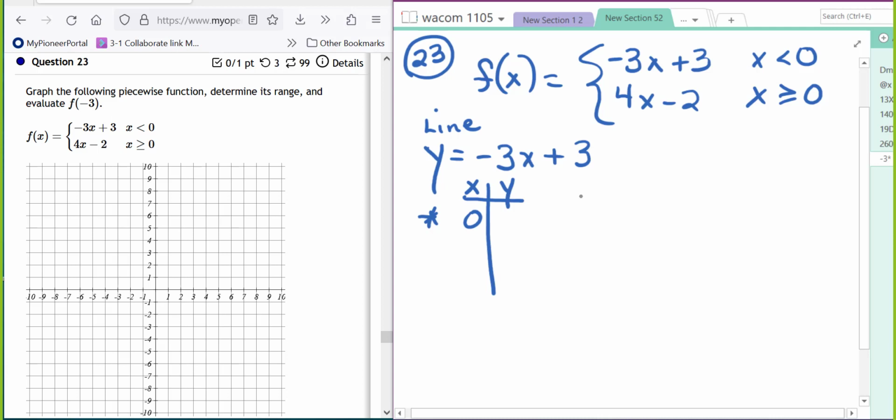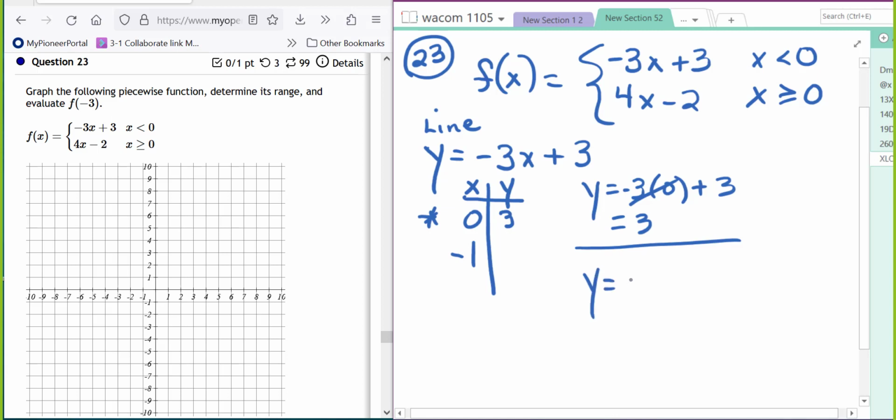So we plug in 0. So we have y equals negative 3 times 0 plus 3. This is 0, so y equals 3. Right? And then we'll take another value. Our other value has to meet this condition. So x has to be less than 0. So let's just pick a negative 1.